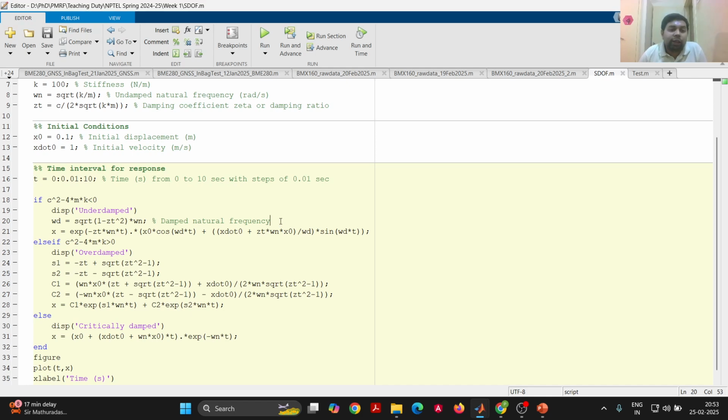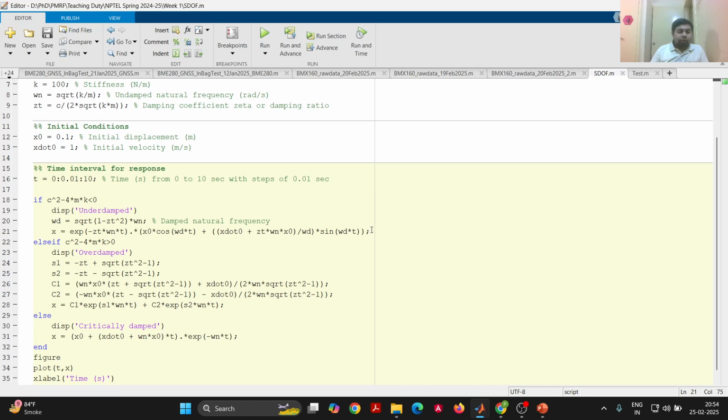In the case of underdamped, it is the damped natural frequency, and the next one is the particular expression of the response that we derived from our analytical solution for that case.